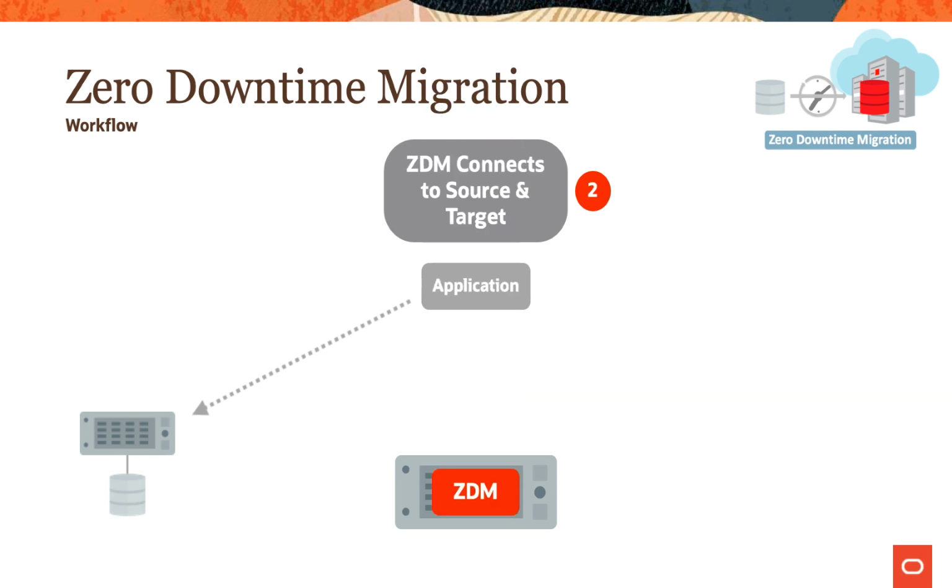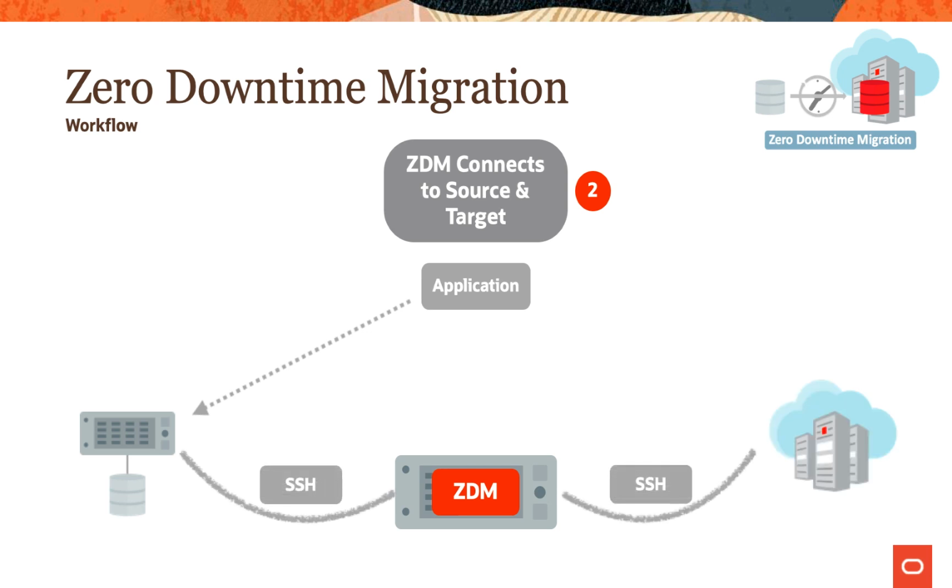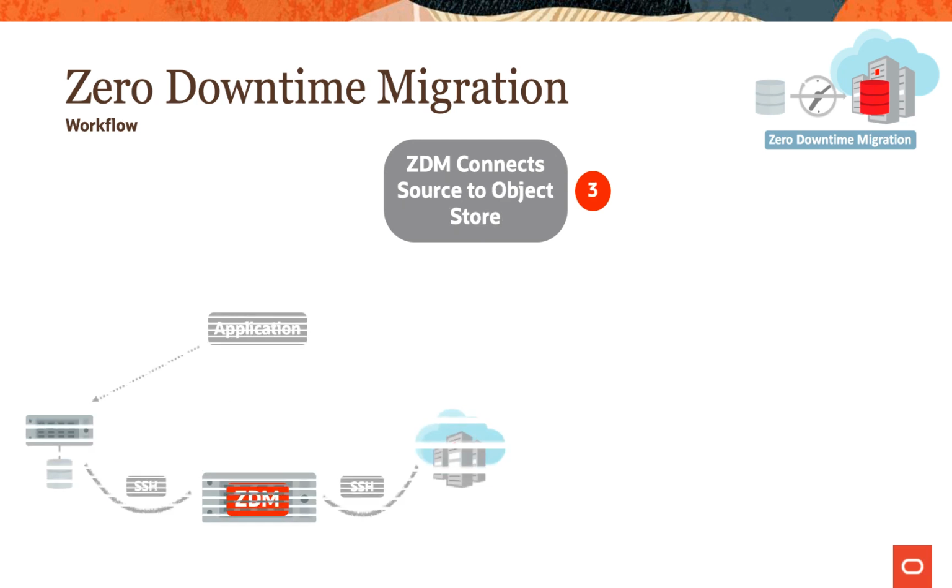In the second phase, we configure the connectivity from your ZDM host to your source database as well as target database servers, and it uses the SSH keys which are provided in order to establish the connectivity. Once we are connected to source and target, ZDM will connect with the source database and the object storage in the cloud, and it uses HTTPS connectivity to communicate with the object storage bucket.